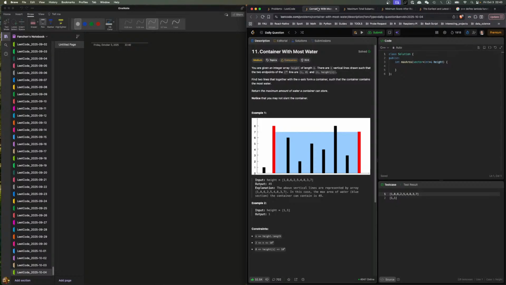So the amount of water is determined by the smaller of the two, right? So what we can do is, because at the end of the day you will have to pick something as one of the sides, and then you have to find another as the other side.